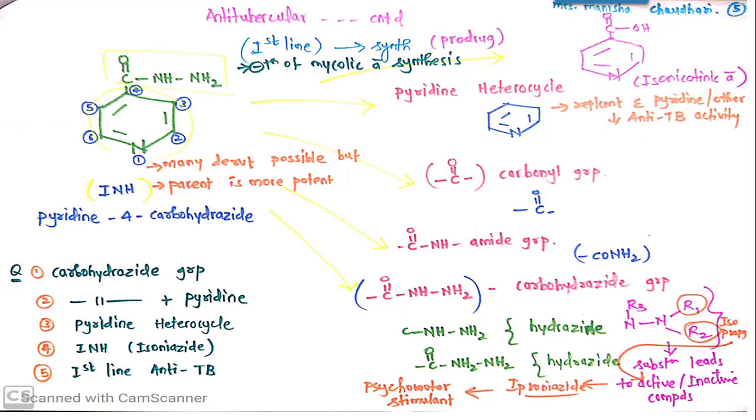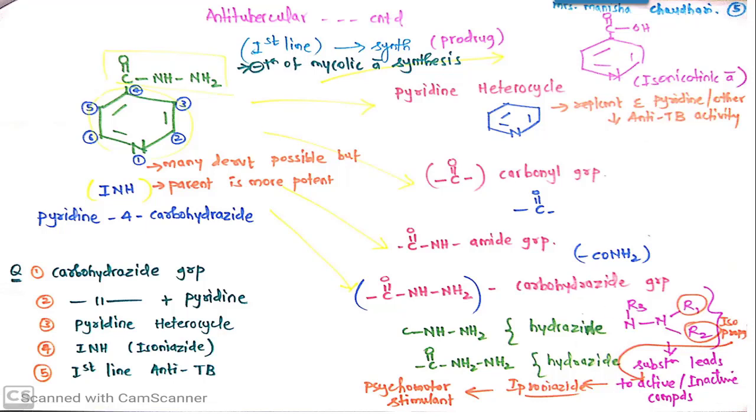It depends on the substituent, whether it is present at the first nitrogen or second nitrogen, or it is monosubstituted or disubstituted. If R1, R2, for example, there are two substituents, and if this is isopropyl, then it forms iproniazide, and iproniazide has a psychomotor stimulant activity.